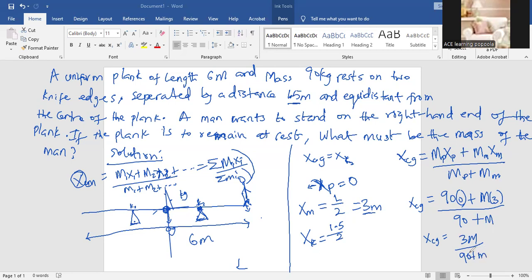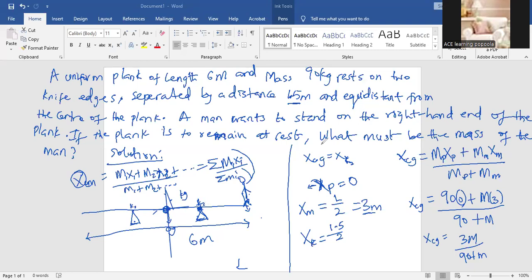All right. Now I said earlier that for this system to balance, for this plank to be at rest, the mass of the man must make the new center of gravity be on this point.